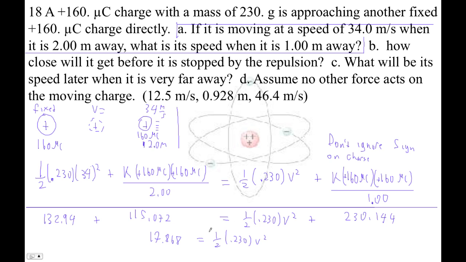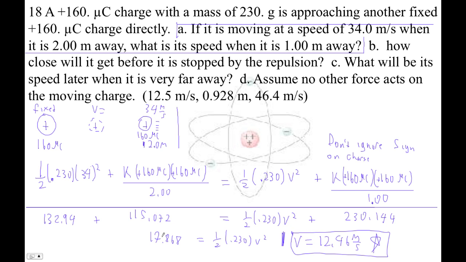So what do we have to do? Times 2 divided by 0.23, raised to the 0.5, gives 12.46 meters per second.